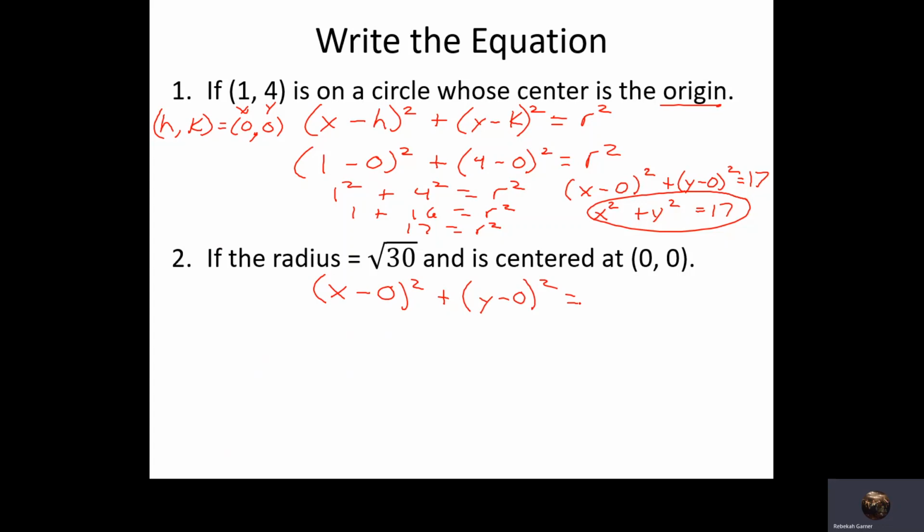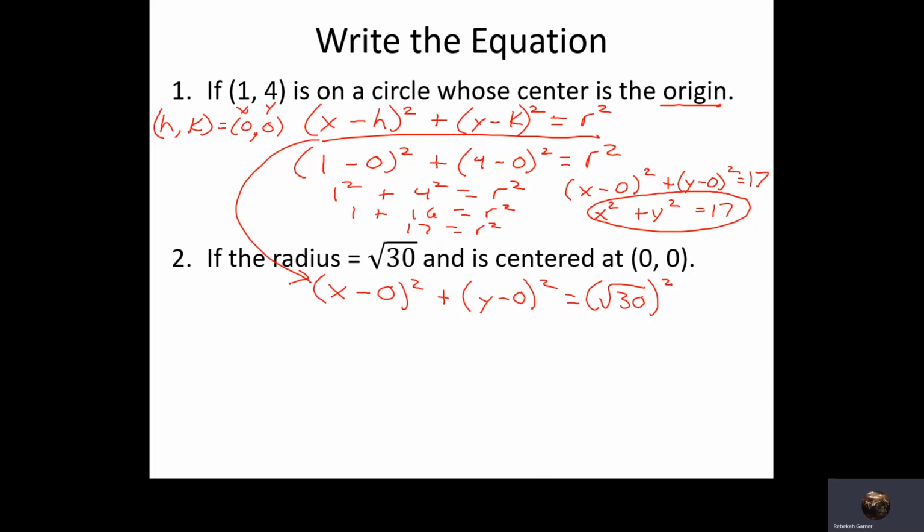And then this is going to be r squared, equal to the square root of 30 squared. I'm just plugging it into the formula. Everybody see what I did? I just plugged in everything that was given to me.